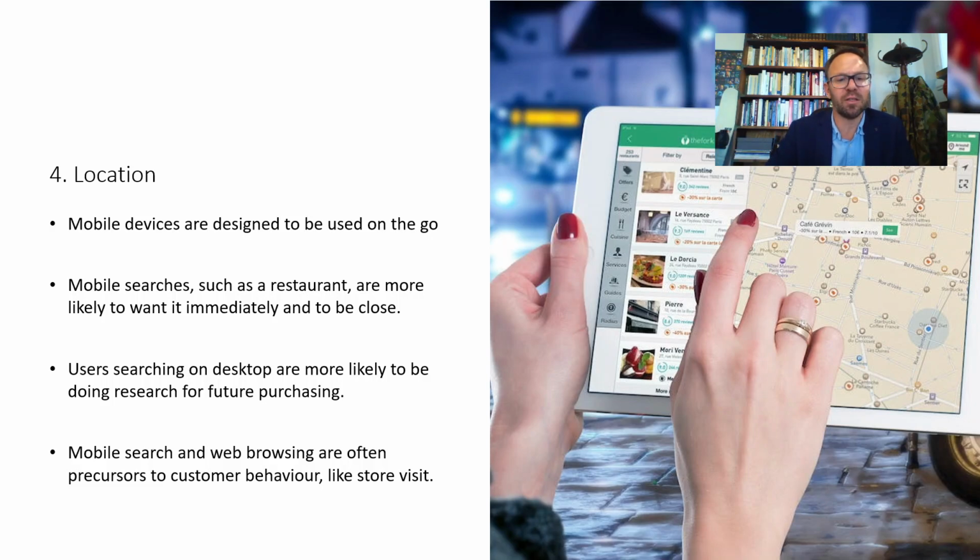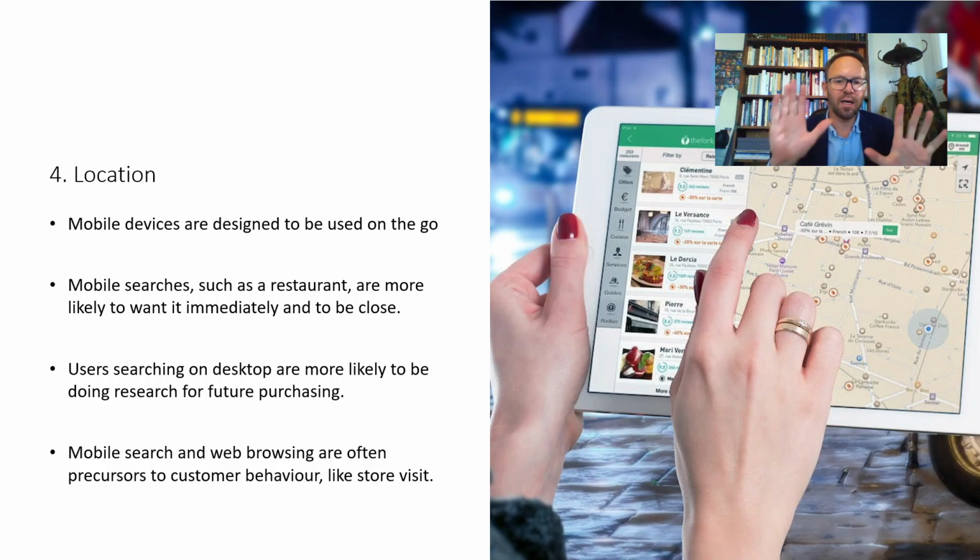In that way, mobile search and web browsing are often precursors to customer behavior, such as a store visit, which makes sense. If I'm going to Google, is this thing at Bunnings? Obviously, I'm searching to see if it's at Bunnings because I've got an intention to do something with that knowledge, right? So if it is at Bunnings, then I'm much more likely to go to that store to get it.